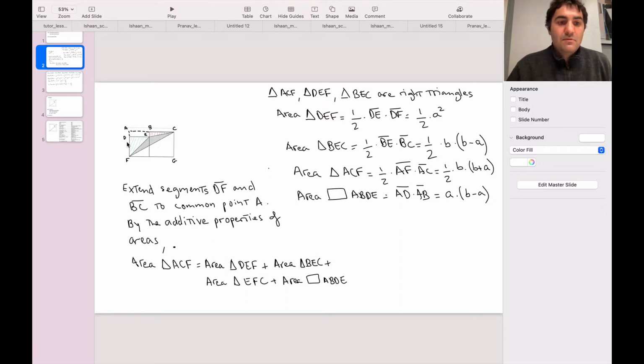So triangle DEF is shaded in green, triangle BEC is shaded in red. So we know that triangle ACF, triangle DEF, and triangle BED are right triangles, right? Angle D here is a right angle because this is the smaller square, right?